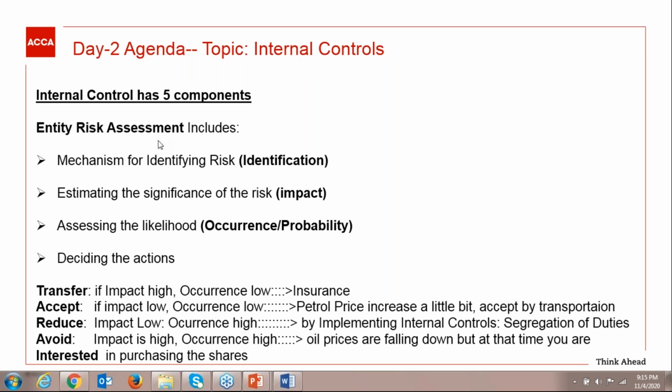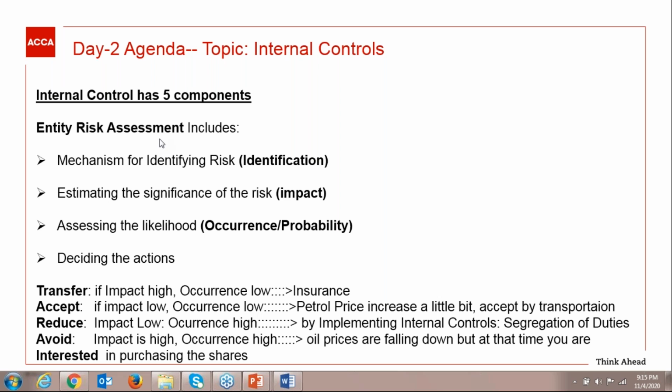Entity risk assessment is only done where the organization or industry is highly regulated, like banks. Every bank has an entity risk assessment department. Maybe every government organization has one, but not every company has this department.